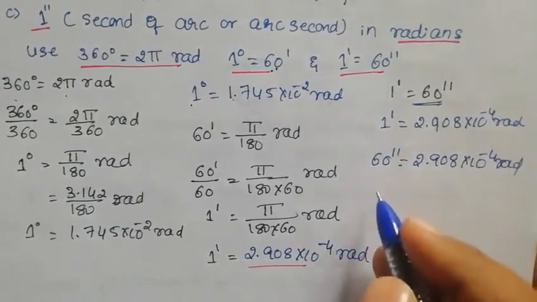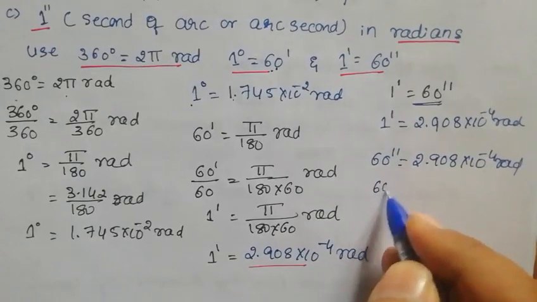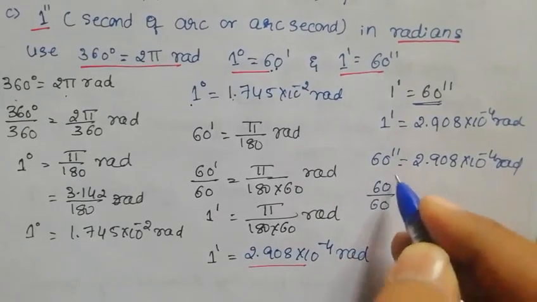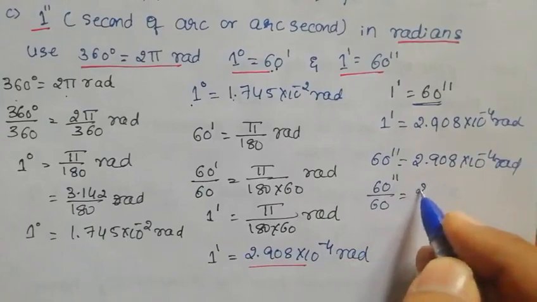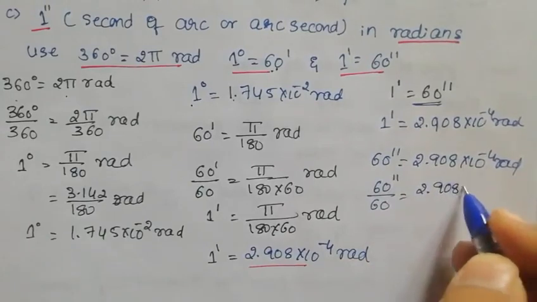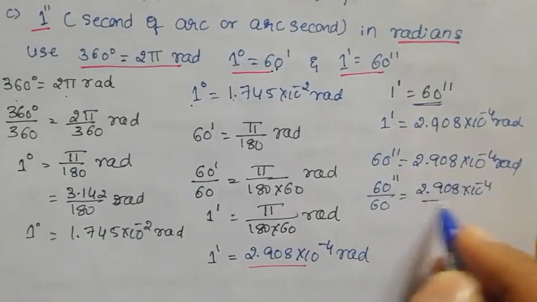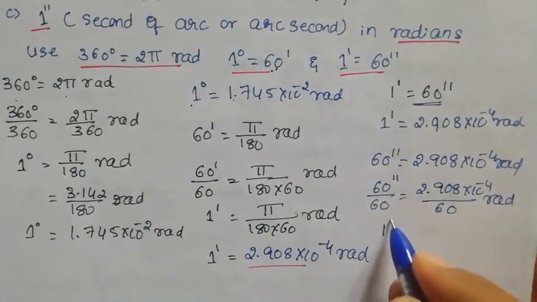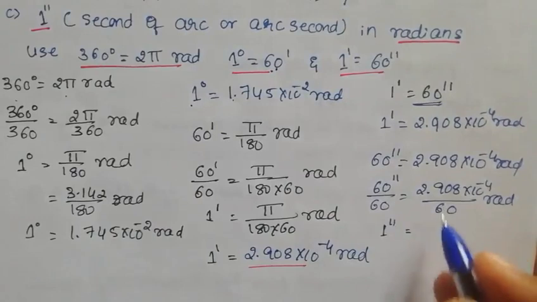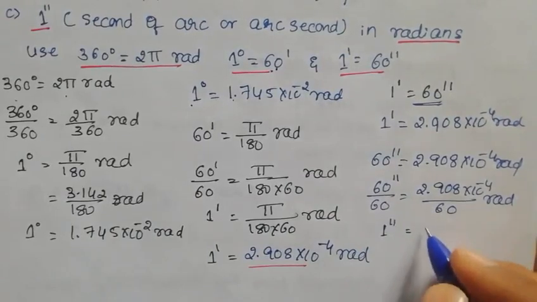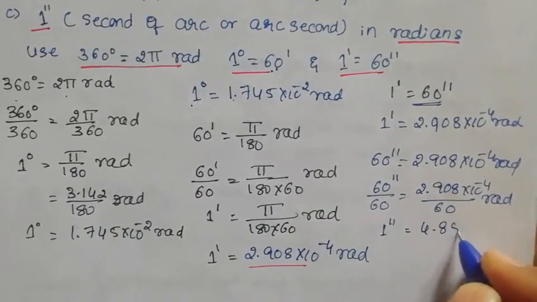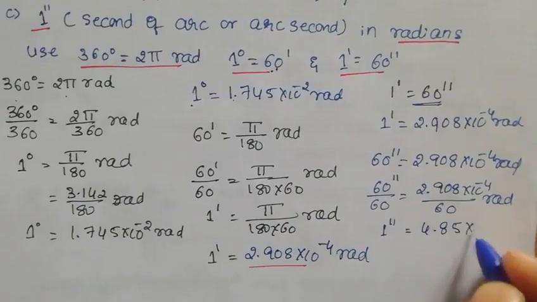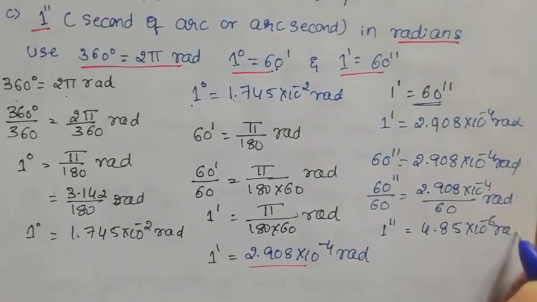Now we divide by 60. So 60 seconds by 60 is equal to 2.908 into 10 power minus 4 divided by 60 radian. So it will become 1 second. 1 second equal to, if you simplify this, you get an answer as 4.85, approximately, into 10 power minus 6 radian.